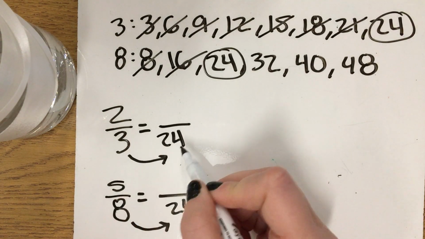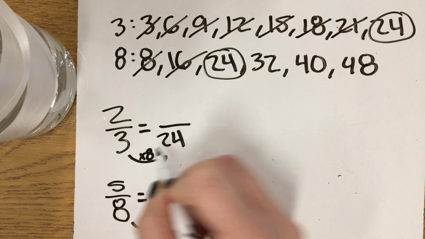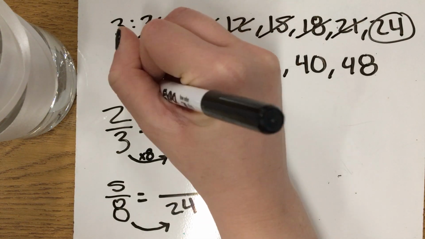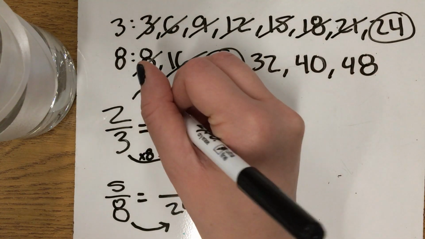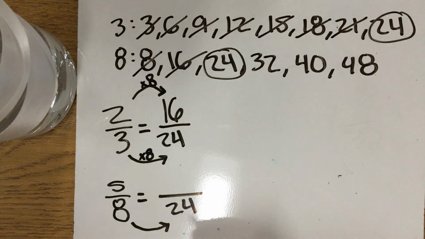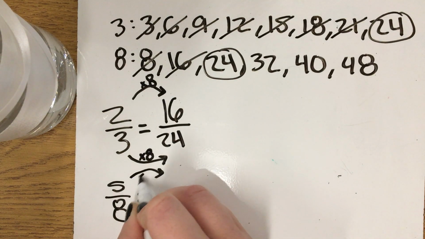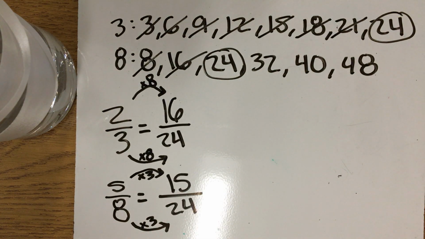How did I get from 3 to 24? What did we multiply? We multiplied here by 8, and what we do to the bottom, we also have to do to the top. So we also now have to do 2 times 8, which gives us 16. For 8 down here, 8 times 3 is what gives us 24. What we do to the bottom, we have to do to the top up here. So 5 times 3 would give us 15.